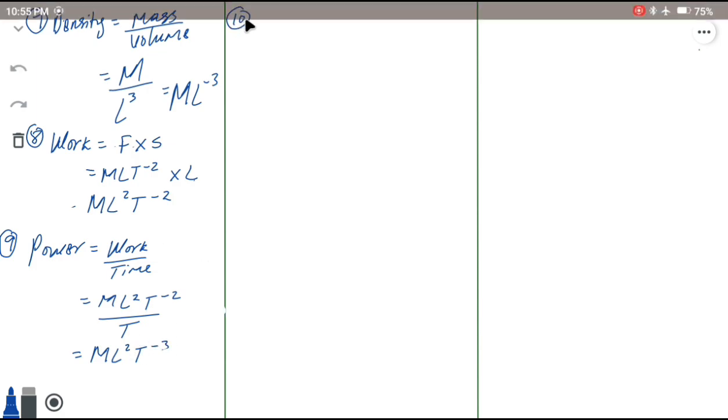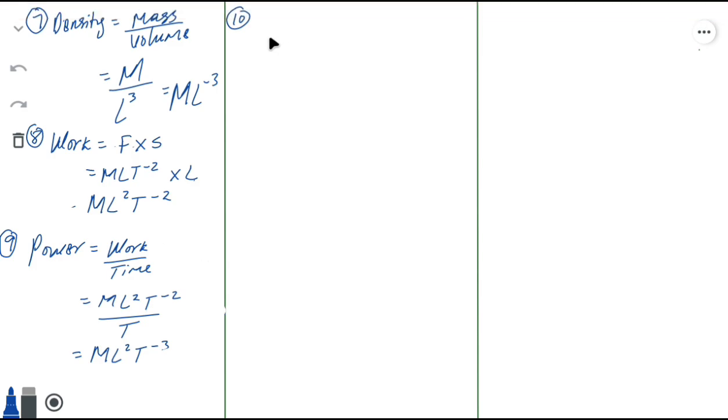So the next one we're going to consider is moment. And what is moment? Moment is regarded as the turning effect of force about a point. Moment is also regarded as the product of force applied and the perpendicular distance. That is, moment will be equal to force times distance. We've already found the dimension of force earlier.